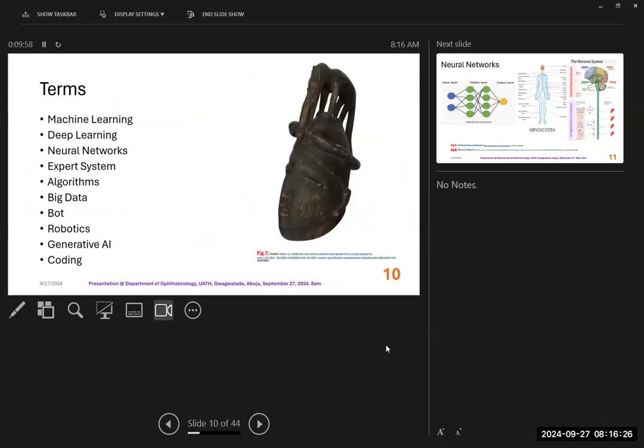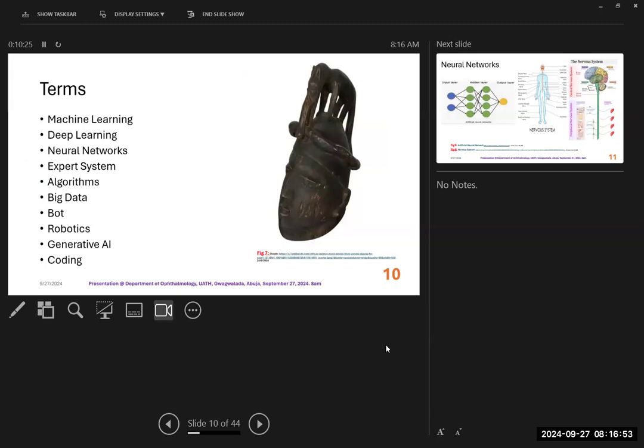Then we need to acquaint ourselves with terms like machine learning, which is just a way of training a machine. You train the machine so that it can behave like a human being. Deep learning is a subset of machine learning, while neural network is just a subset of deep learning.